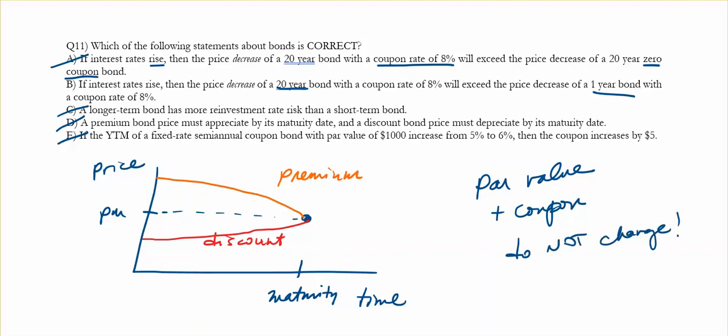The only thing that changes, or that could change, would be the yield to maturity and therefore the price, because the yield to maturity is a market-based rate and the price is a market price, and the passage of time. So the number of periods to maturity will have to go down as time passes, but the par value and the coupon don't change. All right, so we can verify that B has to be the right answer. It's the only statement here that's correct.